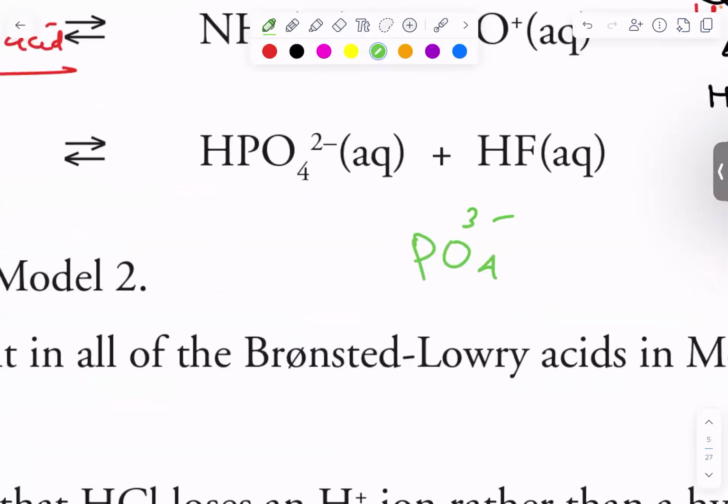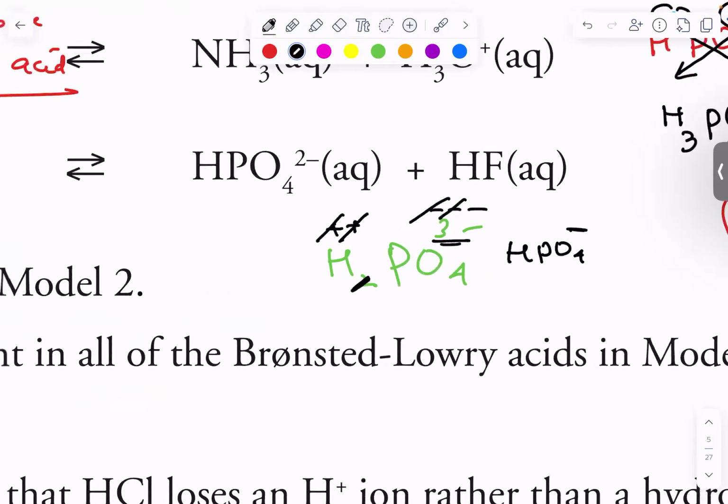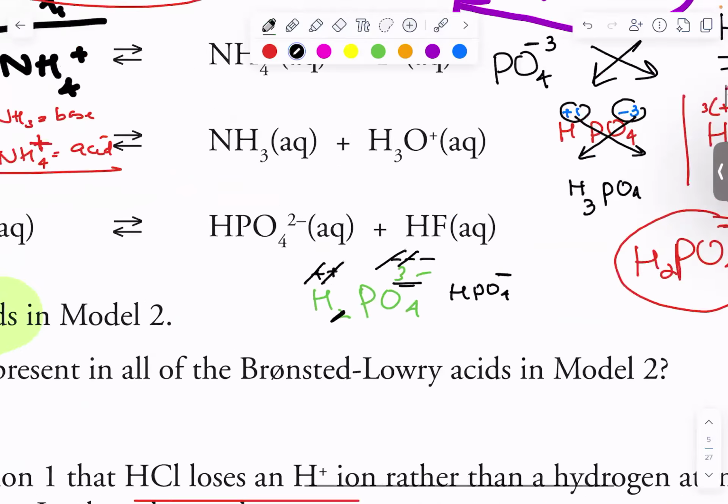If two hydrogens are given like this, it means there are two positive ions, and three negative like this. So cut one with this, cut the other with this, and HPO4 would have only one charge, that is minus. Is it clear? Yes, it's clear. Good.